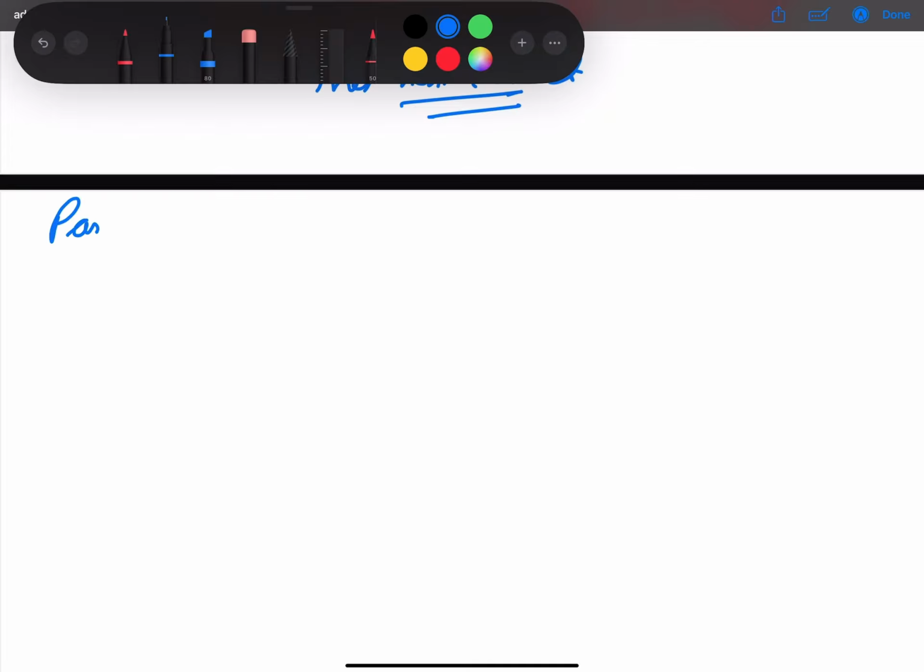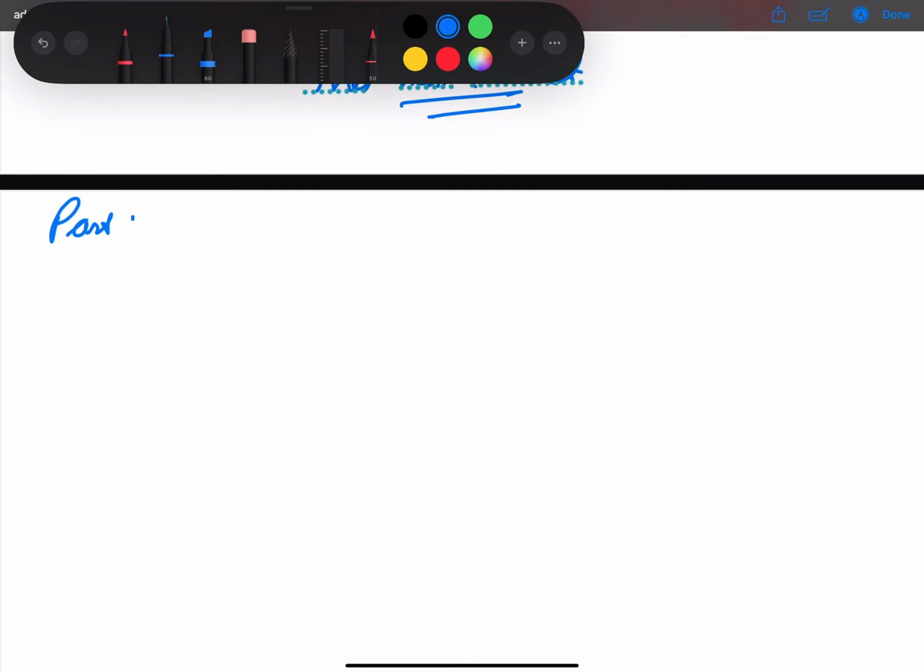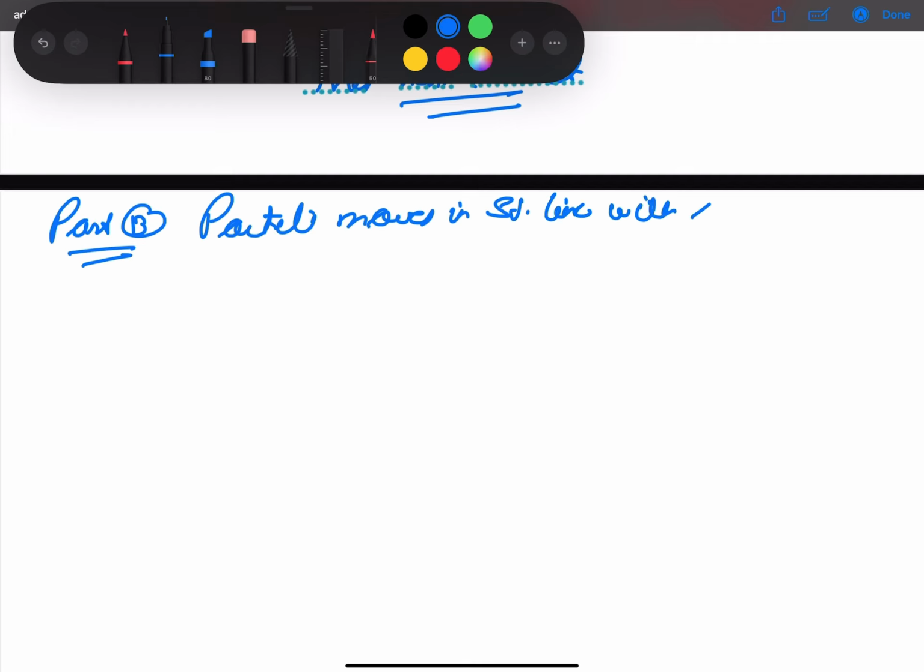So we have our part B, which states that the particle moves in a straight line with constant velocity.